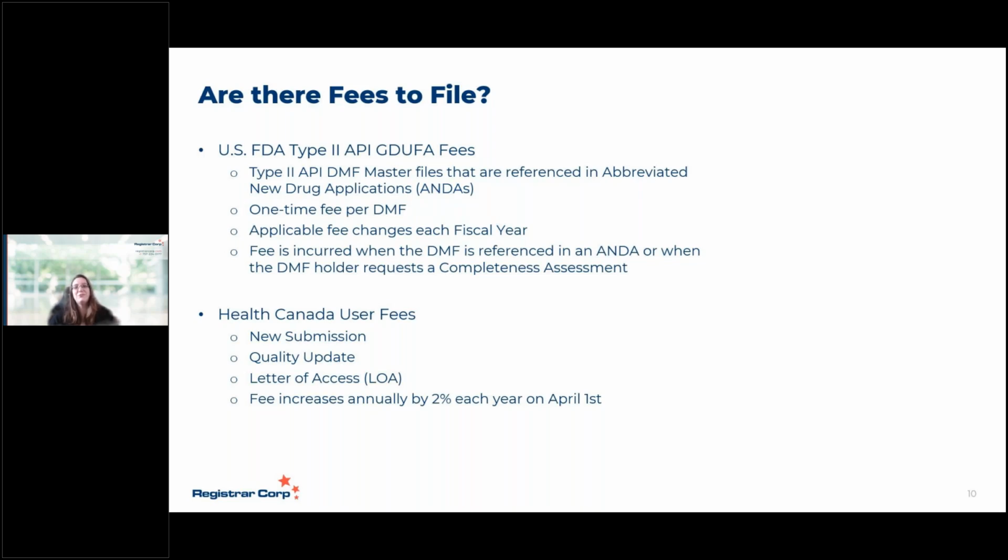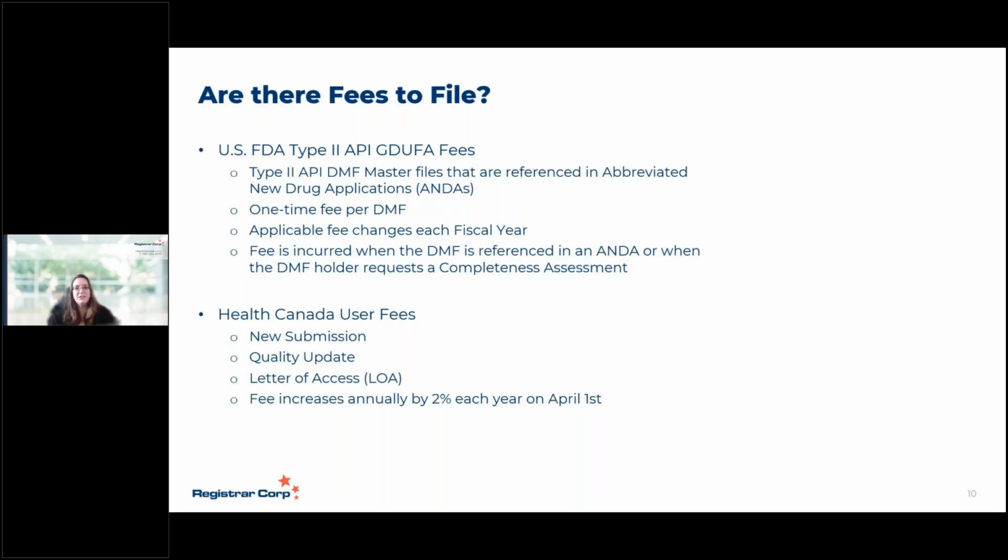And the fee is incurred either when the letter of authorization for an ANDA is issued for that DMF, or if the master file holder knows that their master file is going to be referenced in ANDAs, they can go ahead and pay the fee to start the completeness assessment process.